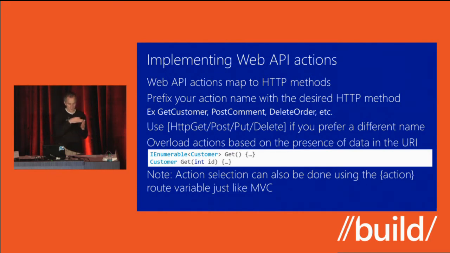We look at the required parameters, and if you satisfy the required parameters, then we'll call that action instead of the other one. So in this case, where you have two GET actions, where one of them is taking an ID, if an ID happens to show up in the query string or in the route data, we'll prefer the GET action that takes an ID. Otherwise, you'll just get the GET action that doesn't take anything. Does that make sense?